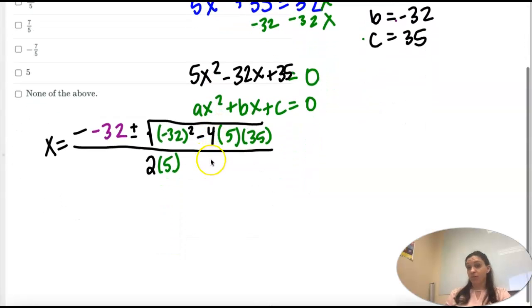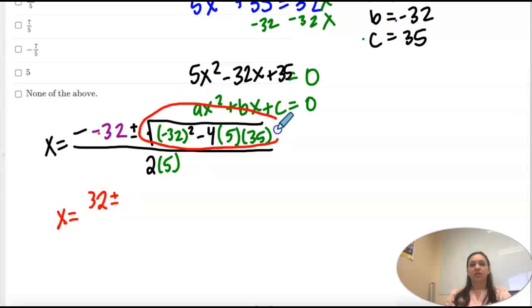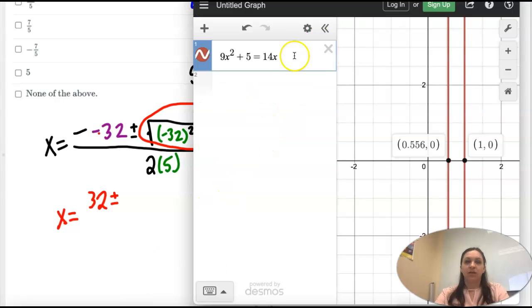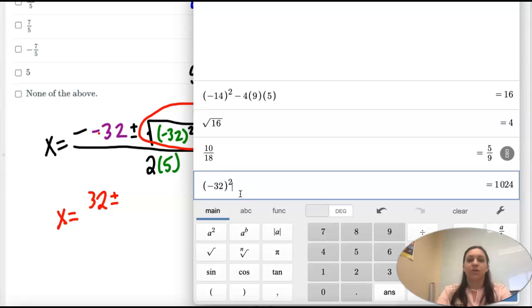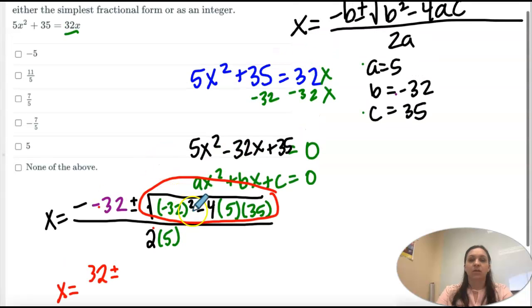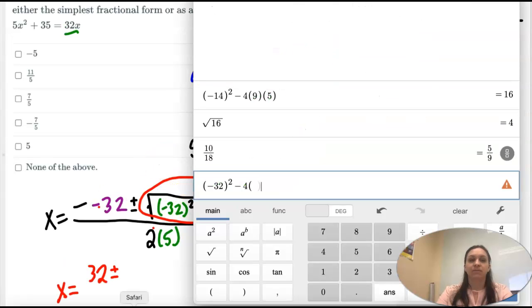Okay, it's all in the formula. It's a lot, but let's just look at it in pieces. So minus minus becomes positive 32, and then we're just going to simplify this piece. So I'm going to type it in. Negative 32 squared minus 4 AC. A is 5, C is 35.